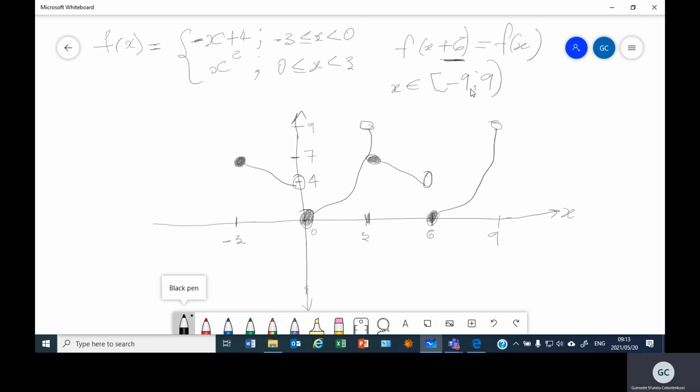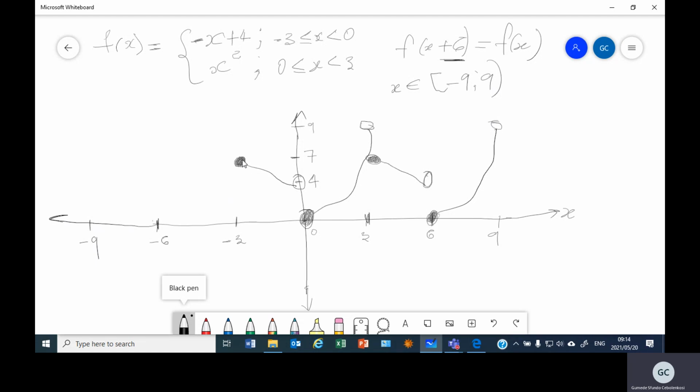Now what you need to do is to go to the left. To the left, they said you must start from -9. So now do the same movement to the left. Start moving our first graph.